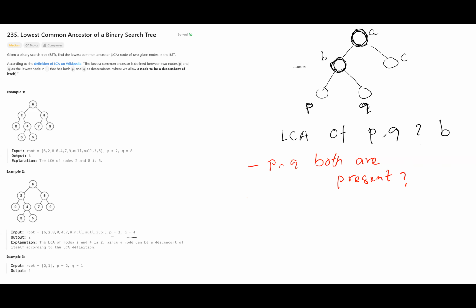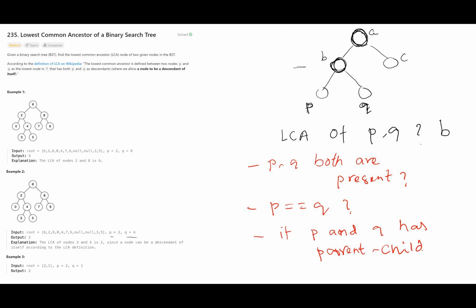Another question is, can P be equal to Q? Is that possible? And the other question was, if P and Q have a parent-child relationship, what happens then?